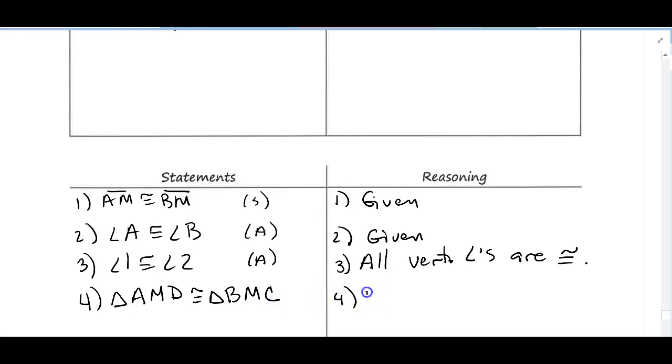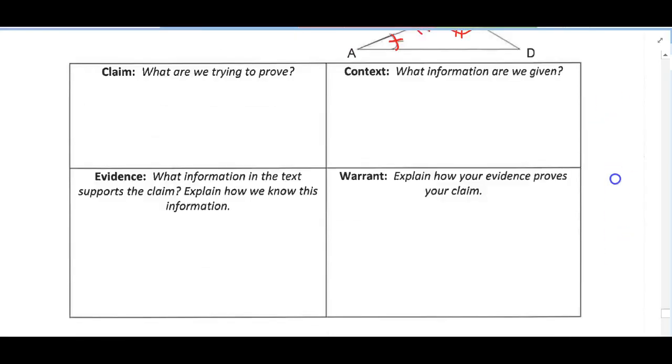All right, and my reason is angle, side, angle. And we're going to put the steps that we have all our congruent parts in there. So 1, 2, and 3. All right, so now I have my triangles congruent.